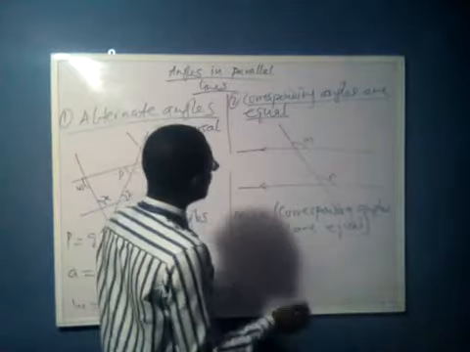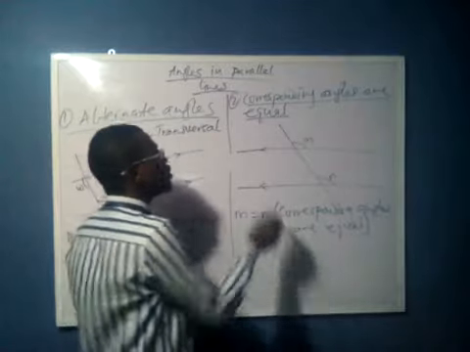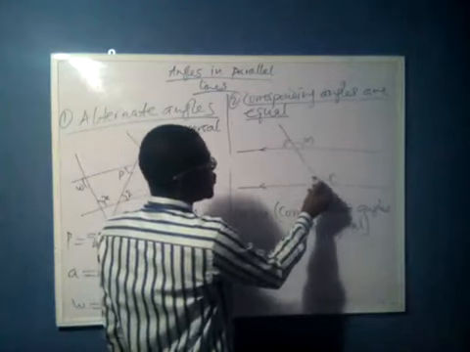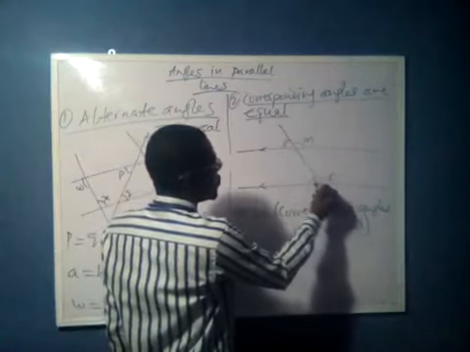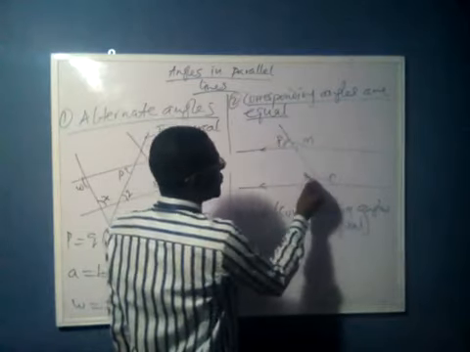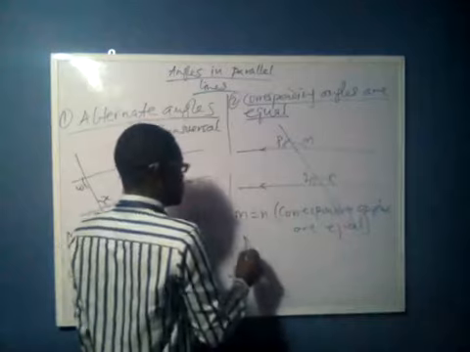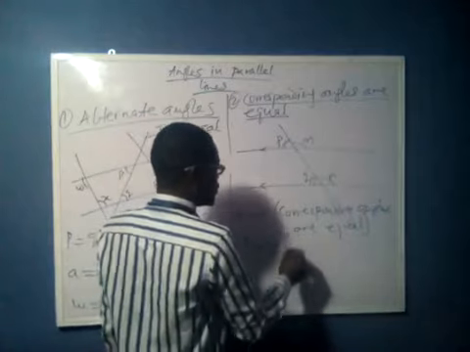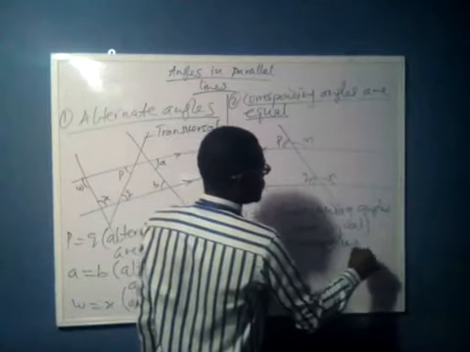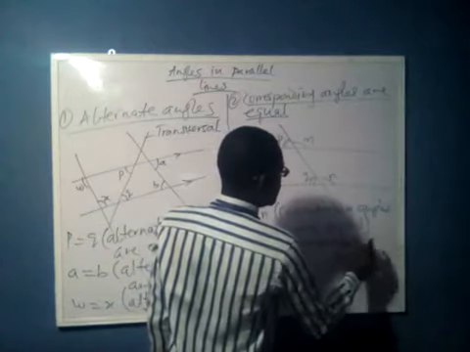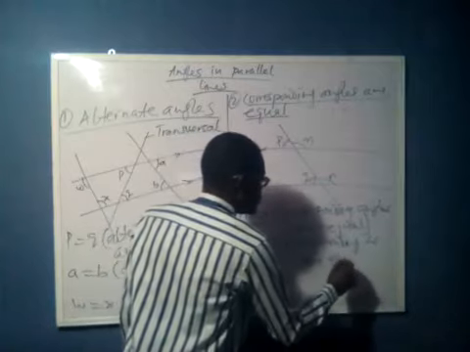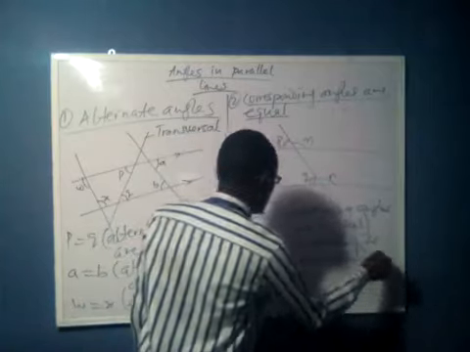Also, there are so many angles that are corresponding here. This angle here and this one are corresponding. Let's say P and Q. P equals Q because corresponding angles are equal.